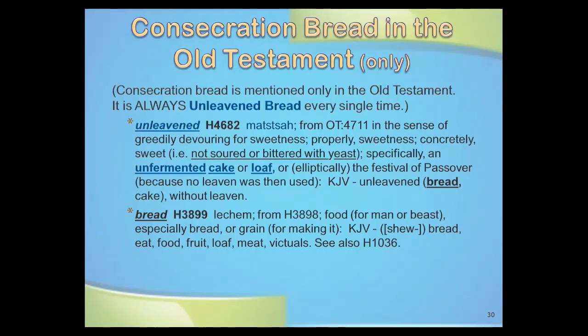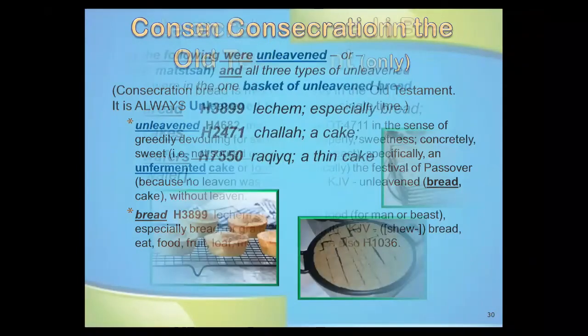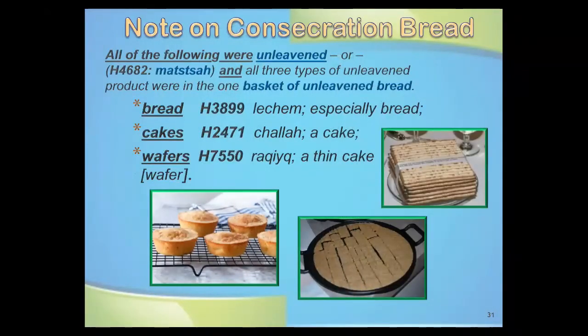And of course, bread, we've looked at that. It's lechem, and there's nothing there to tell us that bread, lechem, is ever leavened or unleavened. It's just totally and completely open for discussion, needs to have a qualifier. Well, just a note on this consecration bread.